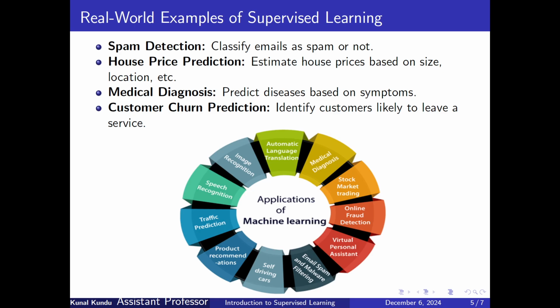Next is medical diagnosis. Machine learning can help predict diseases based on symptoms or test results. Next is customer churn prediction. Businesses use it to identify which customers are likely to leave their service.